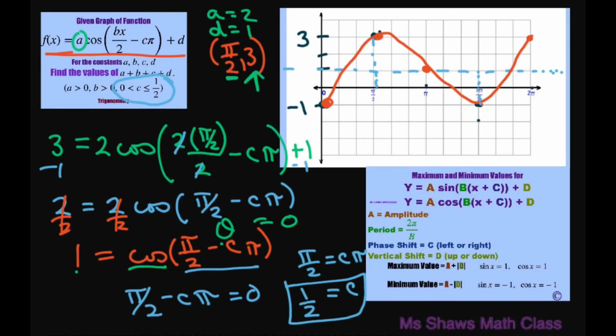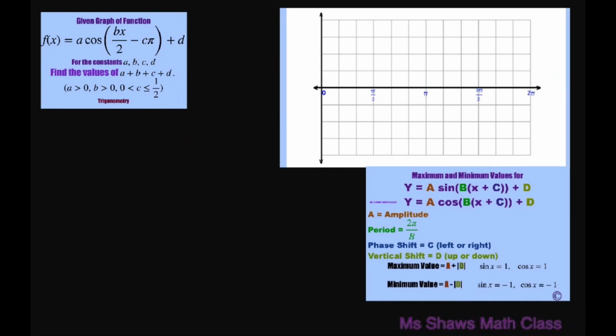So now let's figure out a plus b plus c plus d. Okay, so all that stuff went away because I needed more room. So we want to do a plus b plus c plus d.